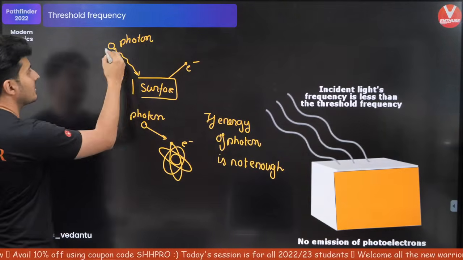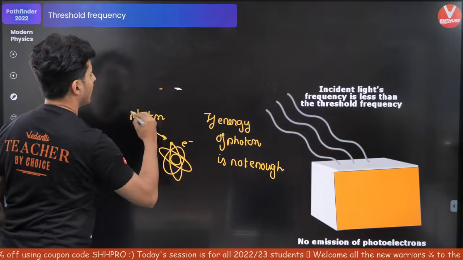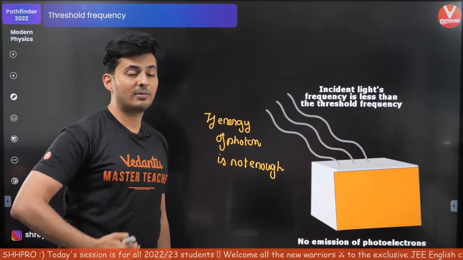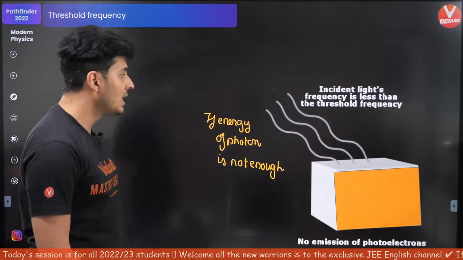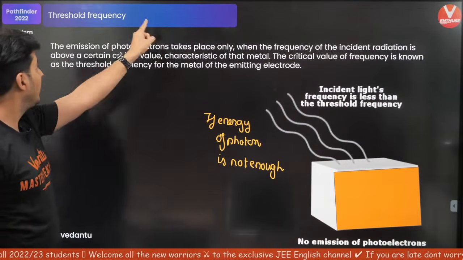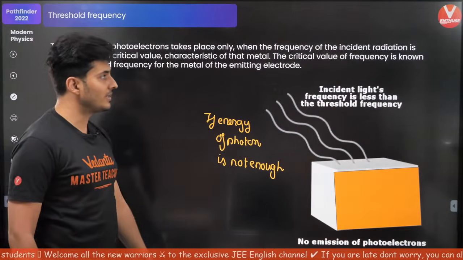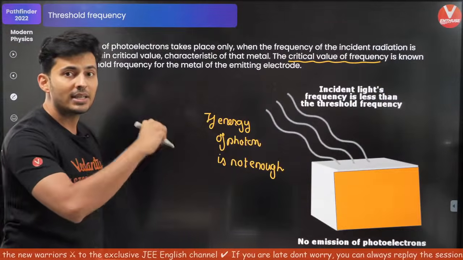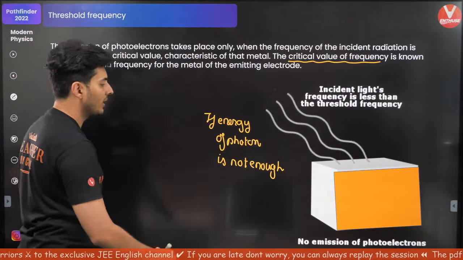That's what you should understand. Only after that frequency the photoelectric effect will occur. That frequency is called the threshold frequency. It's that critical value of frequency below which the photoelectric effect will not occur.